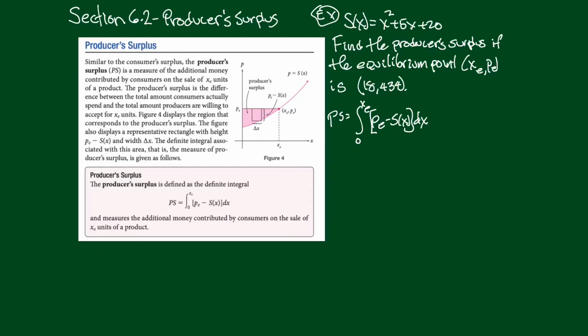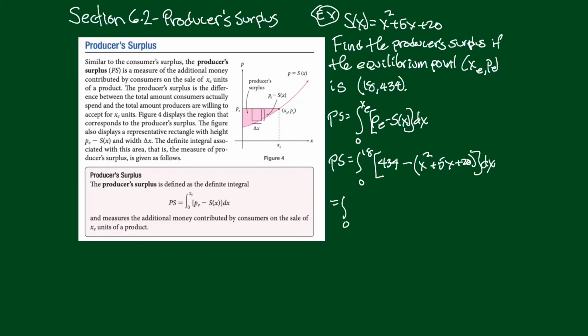Let's see what we get here. This is going to be PS equals the integral from 0 to 18 of p sub e, which is 434. That's the price consumers are willing to pay, minus the function. So minus, I got the whole function, so parentheses, x squared plus 5x plus 20, close, dx. Let's simplify.